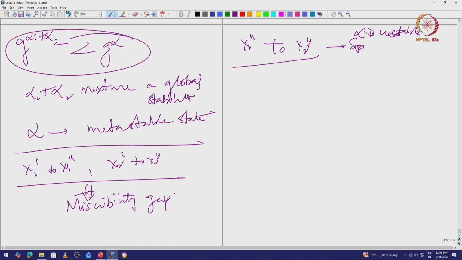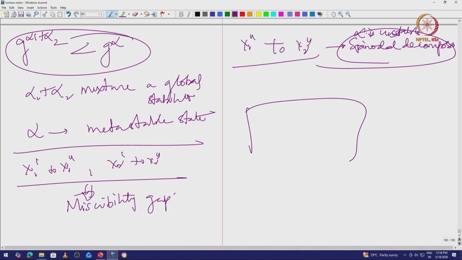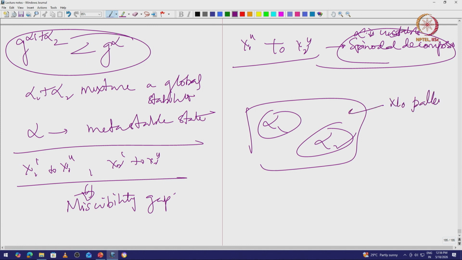So, this is spinodal decomposition. Typically, if you see patterns, patterns indicate that I have a spinodal decomposition. If I do not see patterns, if I see that alpha 1 is here, alpha 2 is here, right, there is some phase segregation, but it is very inhomogeneous, there is no pattern formation.